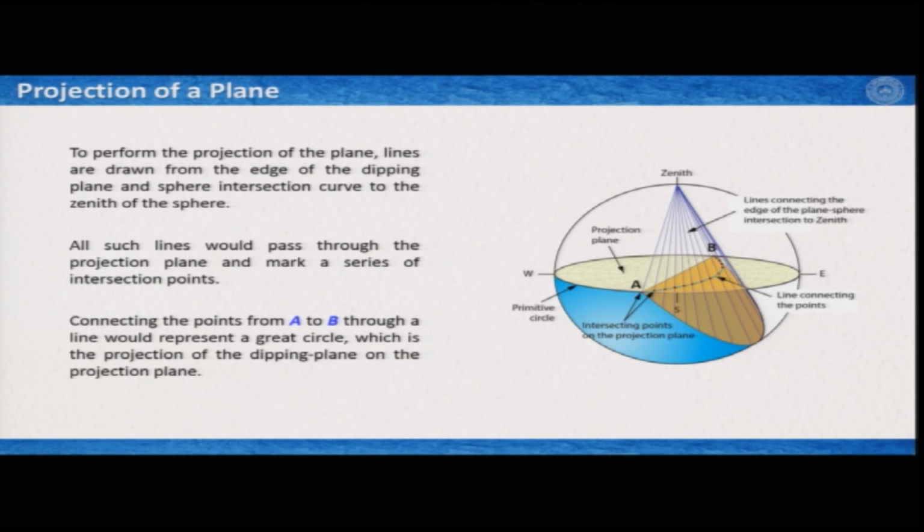So, we have to project it on the projection plane. Now, to do that, as we have done with the line, we will draw a series of lines from the edge of this intersection plane and the sphere to the zenith. All these violet lines, if we connect them continuously, would produce a sort of cone, and the individual lines of this cone would also intersect on this projection plane.